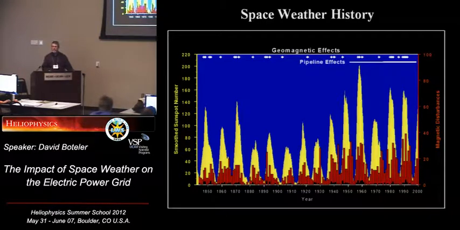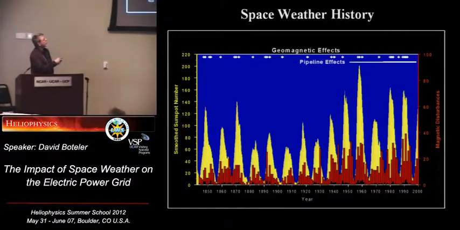That was the first time that geomagnetic disturbances were reported on the telegraph system. And all of the diamonds along the top are specific incidents where there were reports in the literature on technological systems. The early ones were on the telegraph system.